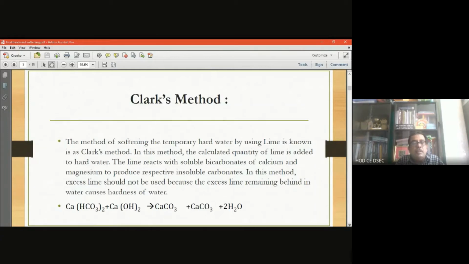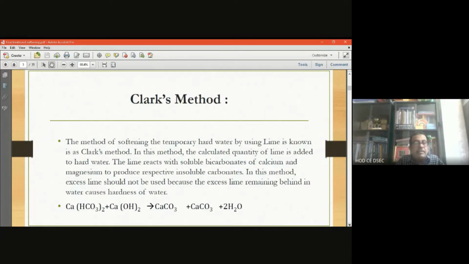Lime is one of the chemicals we add to the hard water, that is the temporary hard water, and this lime reacts with the soluble bicarbonates of calcium and magnesium to produce the insoluble carbonate. How? Instead of boiling, here we are adding the lime, that is calcium hydroxide. So what will calcium hydroxide do?